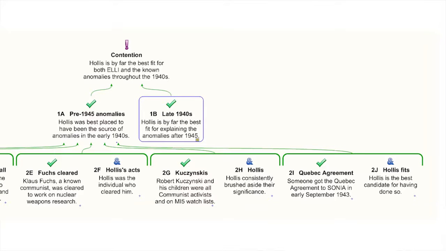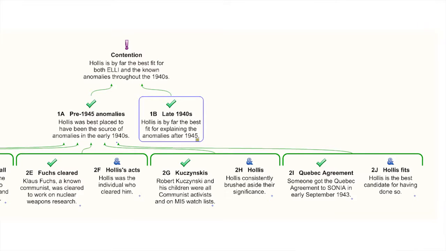We'll come back to Klaus Fuchs in connection with the network through which he supplied that information. But note that Roger Hollis personally and specifically and 3 times cleared Klaus Fuchs and misled the FBI regarding Fuchs's status and his communist background, so that he was able to work not only in England but also in the United States on nuclear weapons.